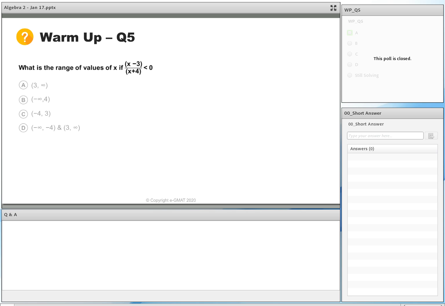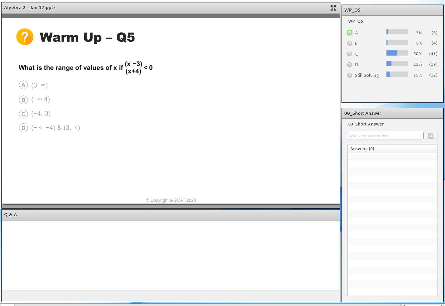I'll end the poll and broadcast the results. So I see 50% of you have marked choice C, 23% of you have marked choice D. All right, I guess yes, they are the opposite sets, right?